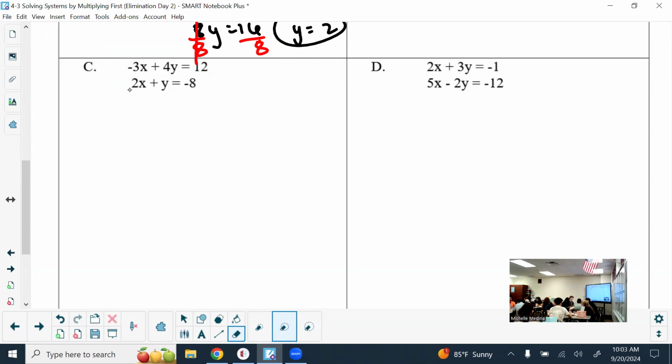So in C, do we have a common coefficient already? No, so that means if I want to solve by elimination, which is what we're practicing, I need to multiply one or both of the equations by a factor. So see what your options are. Would it be easy to go from 2 to 3 by multiplying?